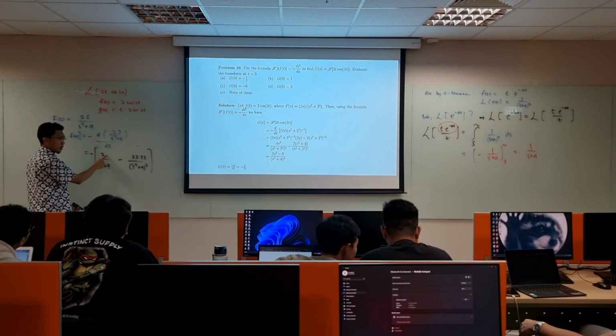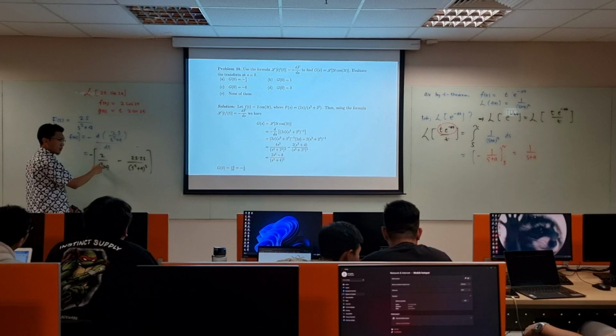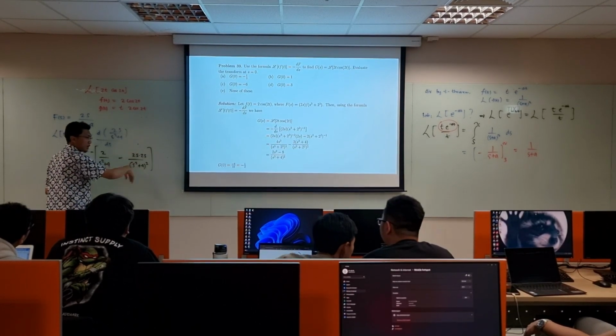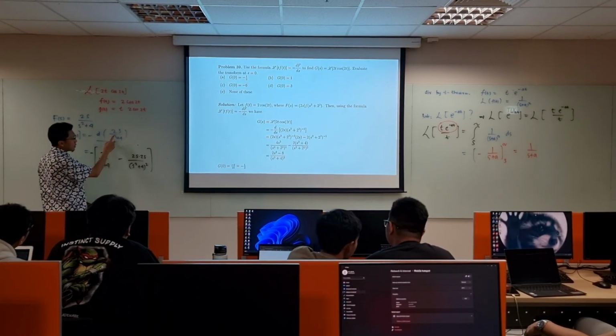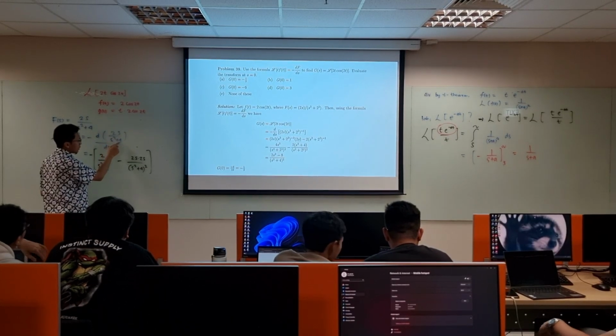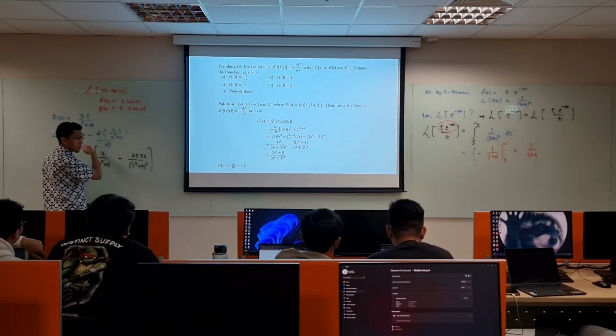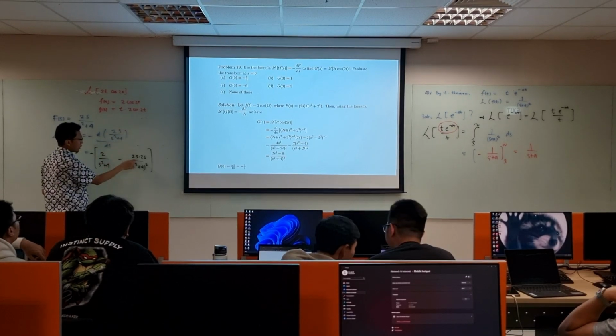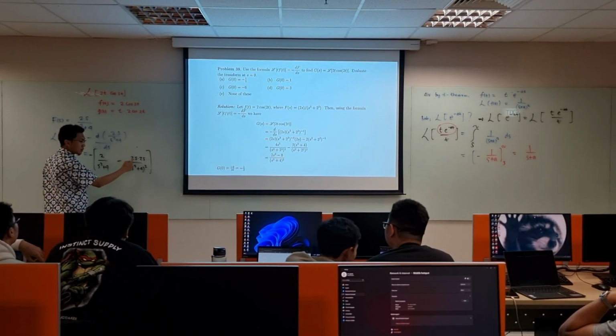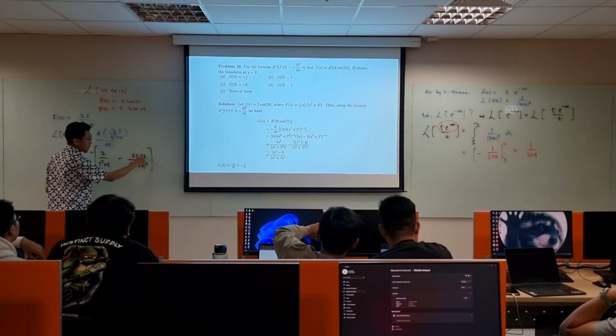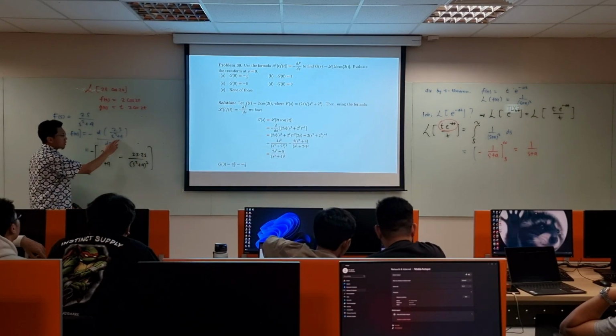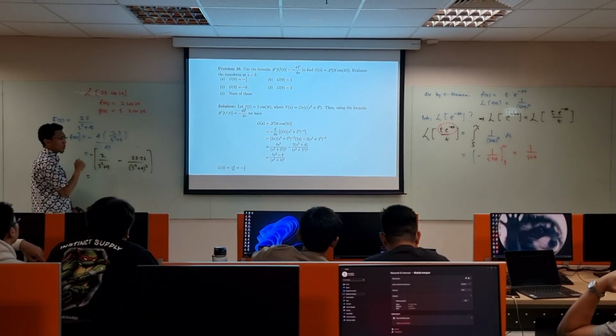So we have here 2, and this is a constant. And on this side, I differentiate the 1 over s squared plus 4. The 2s is constant, so I put 2s over here, and this whole thing on the right is the derivative of 1 over s squared plus 4.